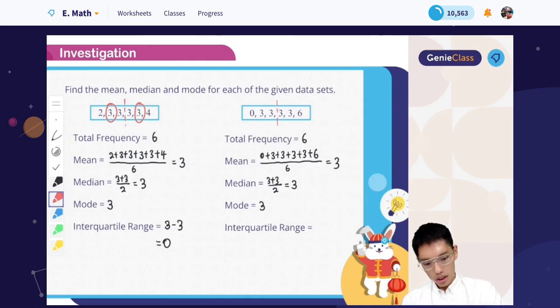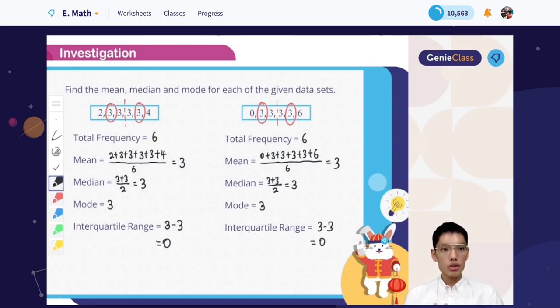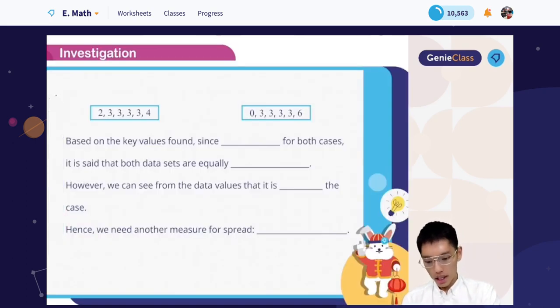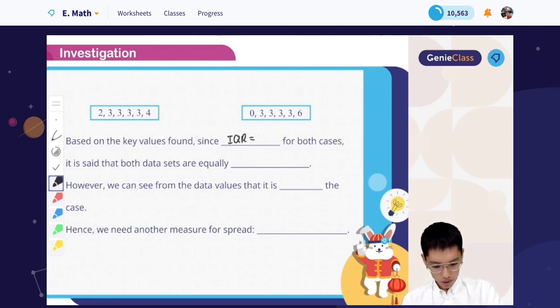Interquartile range, this is my upper quartile, lower quartile. So therefore, I have 3 minus 3 is equals to 0. Now you realize over here, the data sets are obviously different, but everything else is the same. What can we say about this? And in this case specifically, we realize IQR for both is equals to 0.